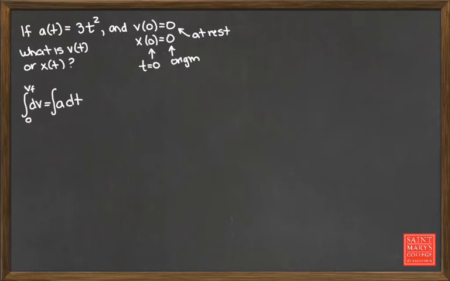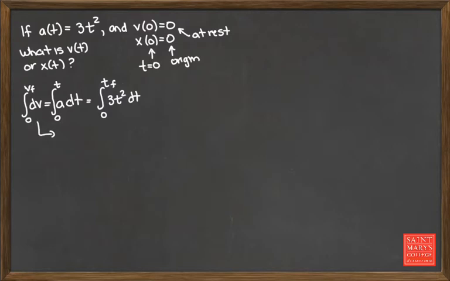On the right-hand side, I'm integrating over time. We're starting at 0 and going to some later time. But I know the acceleration is 3t squared dt. So I can do this integral.